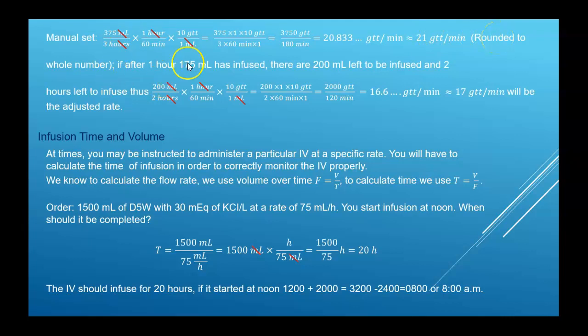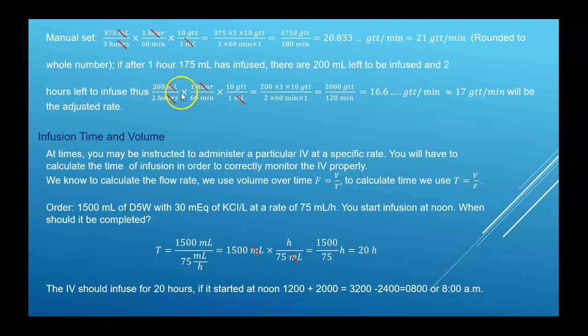After an hour, 175 milliliters was infused, which, again, especially with a tubing set, regulation isn't always precise. So you have 200 milliliters left to be infused, because 375 minus 175 is 200.